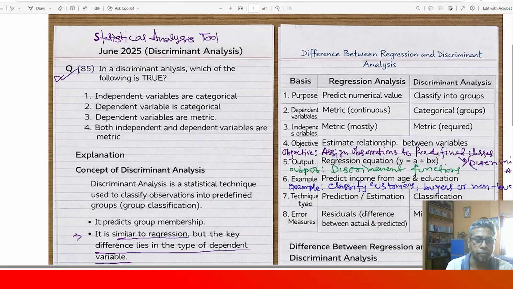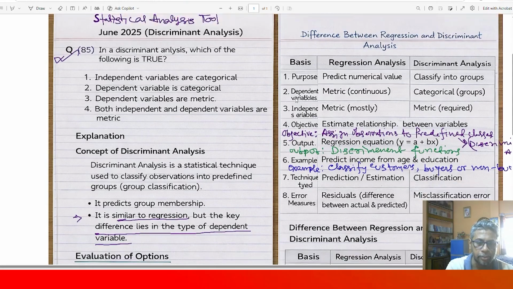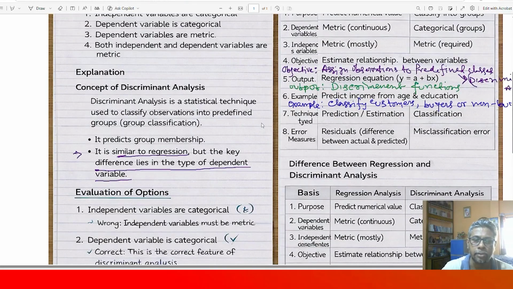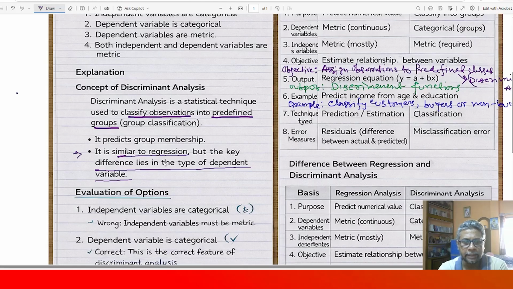First of all, we have to understand what discriminant analysis is. It is a statistical technique used to classify observations into predefined groups. It is similar to regression, but the key difference lies in the type of dependent variable. Discriminant analysis is the classification of observations into predefined groups.